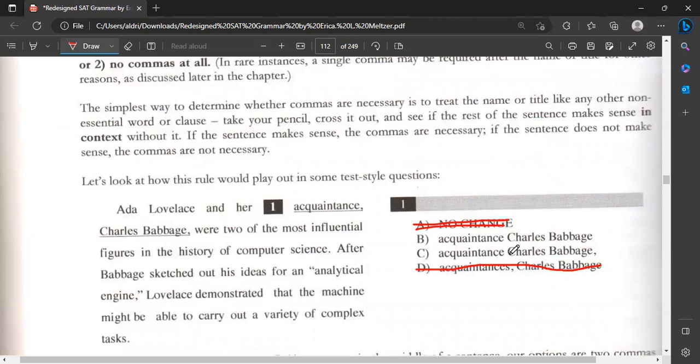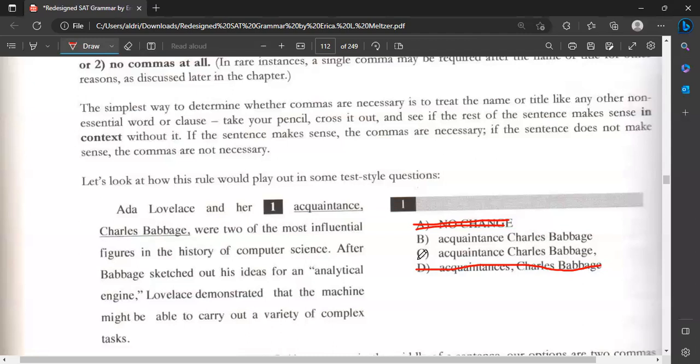So around the name, if a name is in the middle of a sentence, that's a shortcut. If a name is not the first and not the last, a shortcut that you guys should know is that for a name, it's either two commas or no commas. So we should have two or zero if it's in the middle. So I already know C is wrong. But let's look at it from a meaning or context point of view.